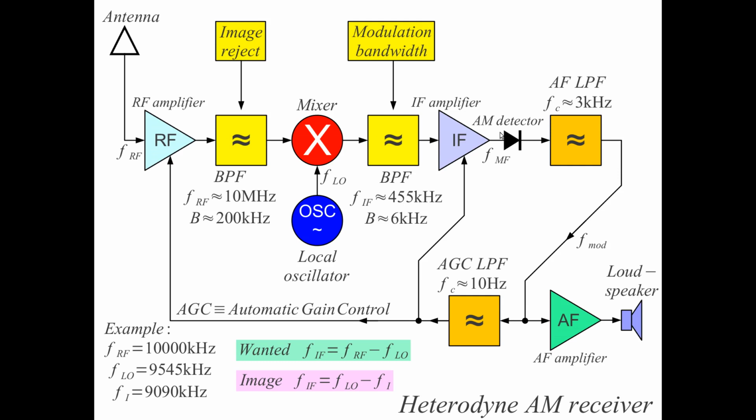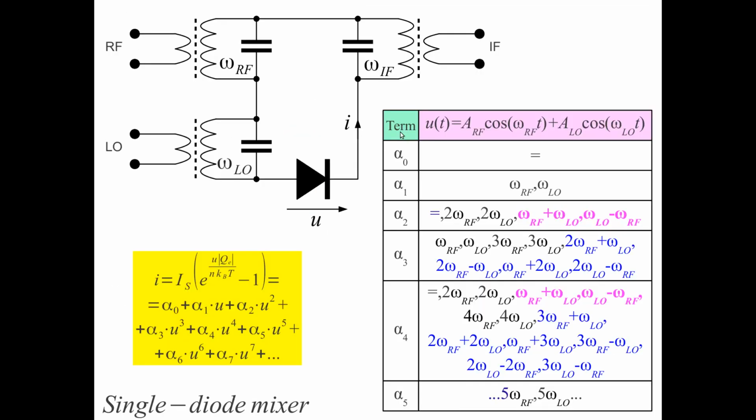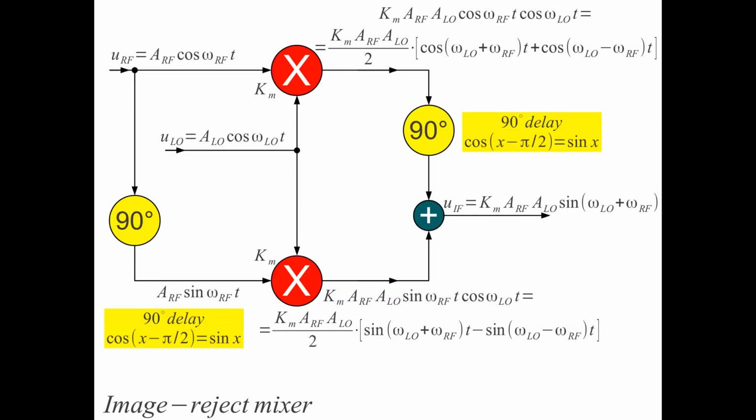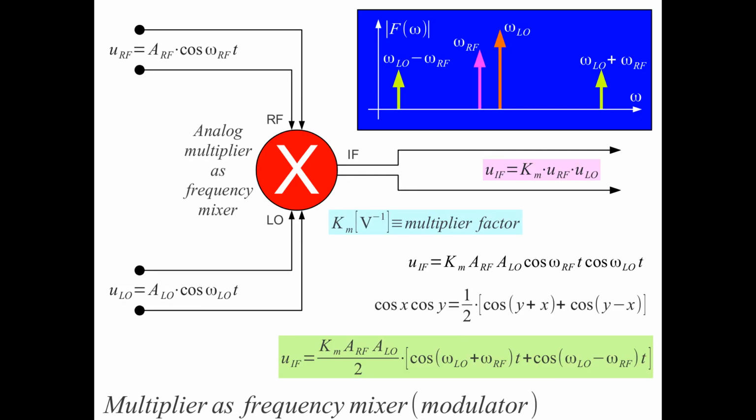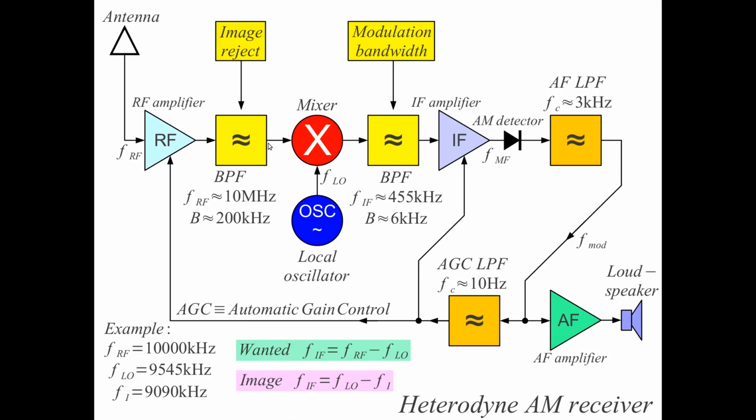I do not have a specialized drawing for this situation here, so we can do more than one down conversion using filters to have image rejection. Also image rejection mixers could be used. I can get rid of all unwanted responses, and I may have more than one down conversion in the receiver.